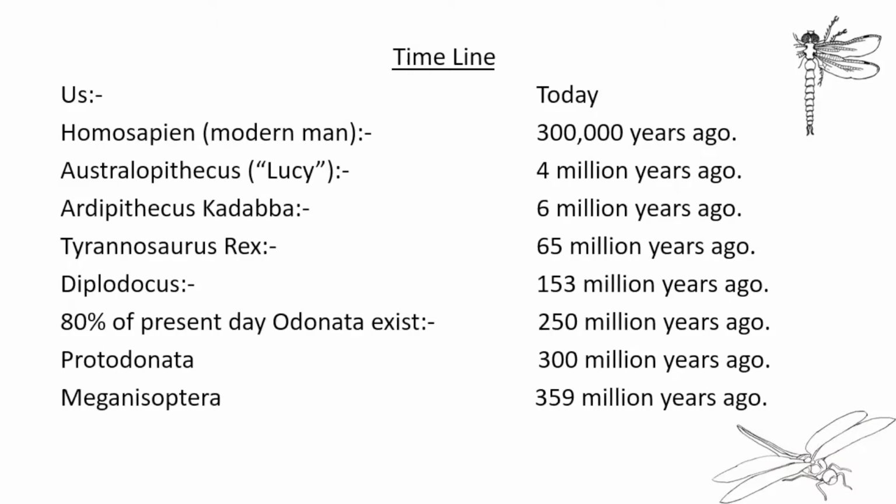Further back, we come to these Meganisoptera, 359 million years, roughly. I mean, you can take off 20 million if you like at that sort of time. These are the ones in the fossil records where you get the very large dragonfly-looking insect.